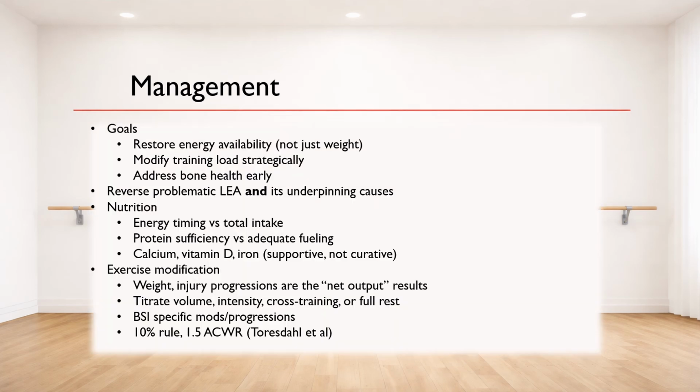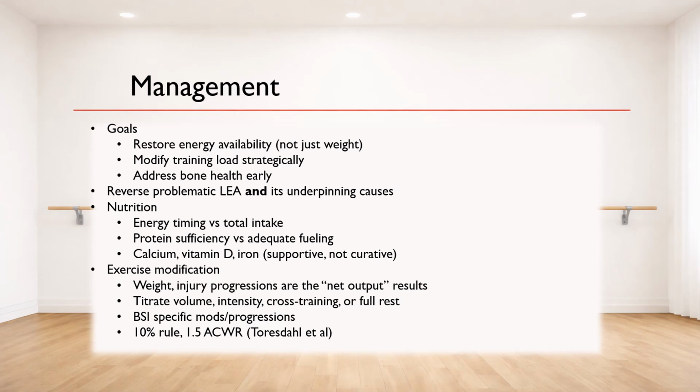When we're treating these athletes, our goals are to restore energy availability and then correct the underlying causes for its presence initially. We also want to set athletes up with a multidisciplinary team so that we can support them in many aspects to prevent relapse.